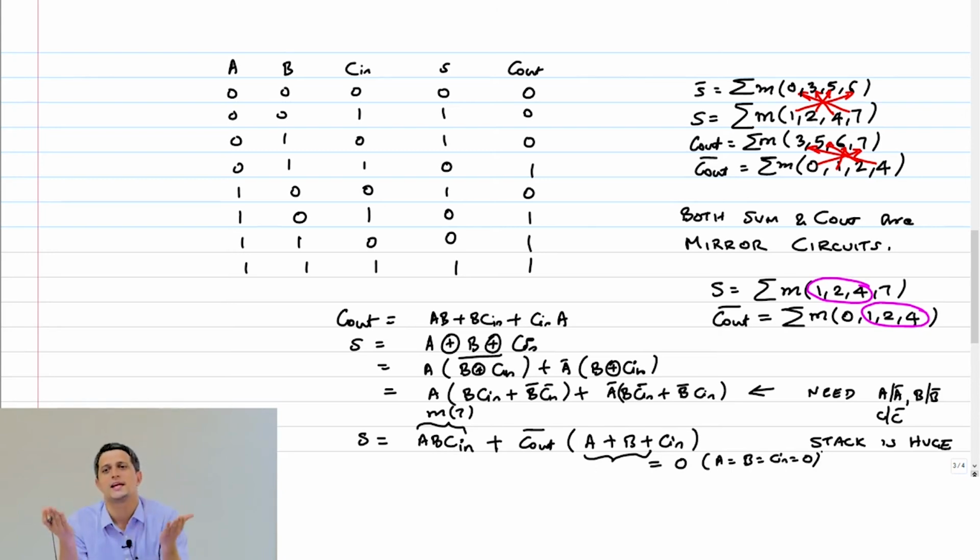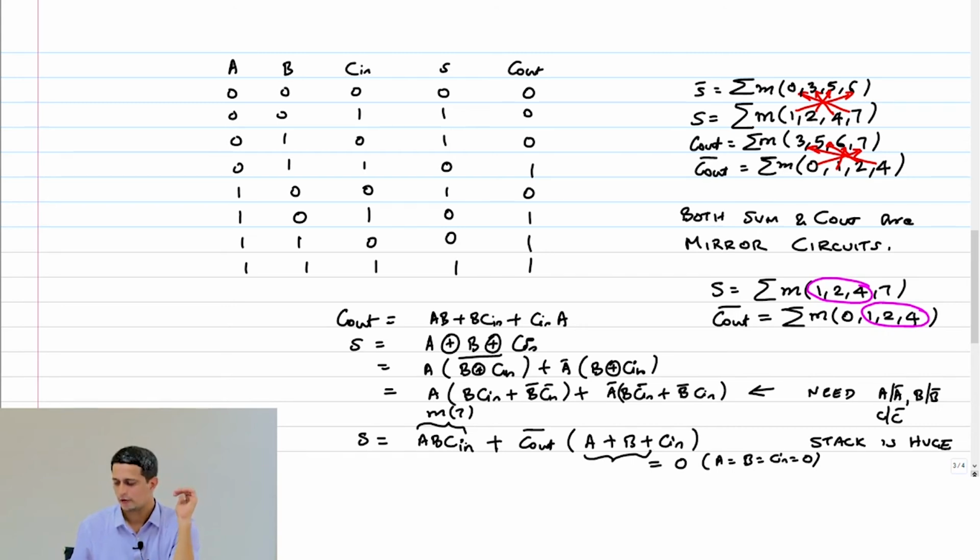In the remaining cases, A plus B plus C in will be 1, because at least one bit will be 1. And therefore the answer will be C out bar. Right? Except that last case, unfortunately C out bar is wrong in the case of min term 7, and therefore that min term alone I am going to add here.